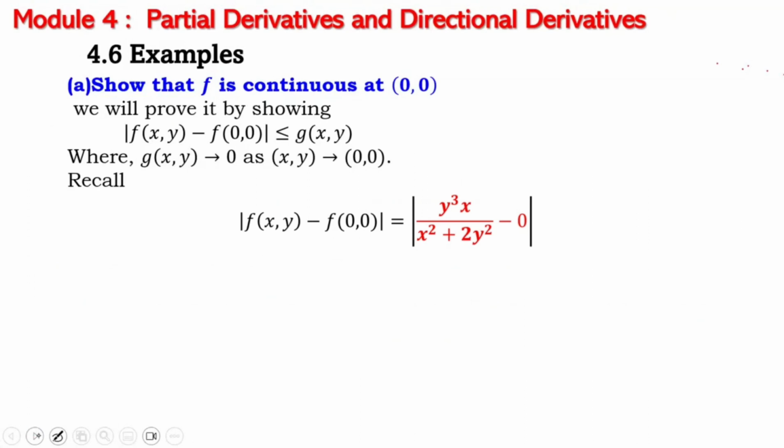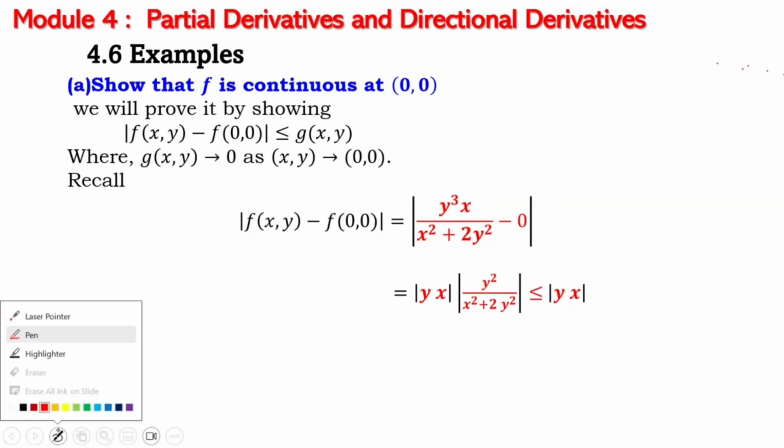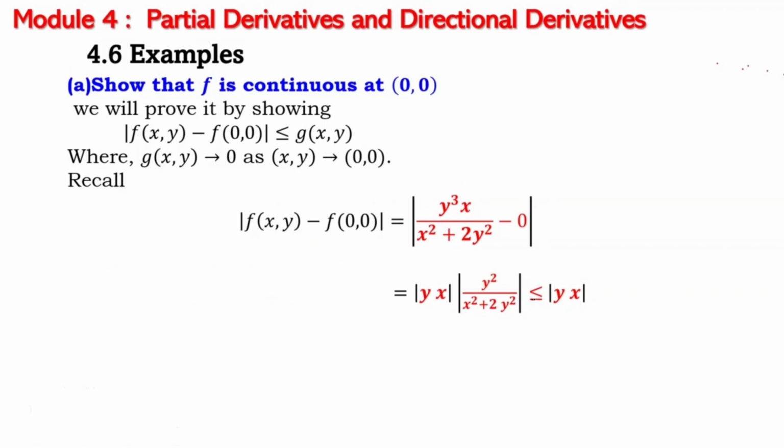So again, just recall the function. The function is f(x,y) minus f(0,0). It will be like this. Again, with the same logic, we can say that this is less than |yx|.